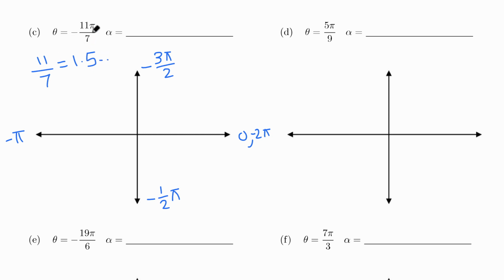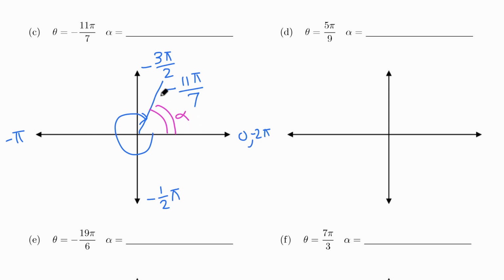So negative 11 pi over 7 is a little bit further down here, because this is 1.5, but this is a little bit more than 1.5. You can check in your calculator. So it will be somewhere here. So this angle is negative 11 pi over 7, and now that leaves this angle for alpha.